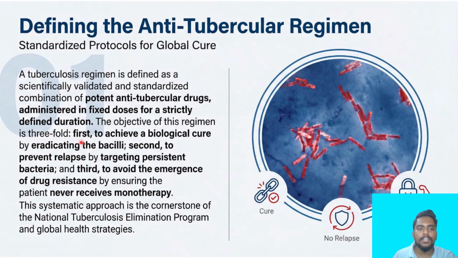Second, we have to prevent relapse. And third, avoid the emergence of drug resistance. So in the tuberculosis regimen, we use a standardized combination of anti-tubercular drugs in fixed doses for a defined duration. The objectives are first to cure, second to prevent relapse, and third to avoid the emergence of drug resistance.